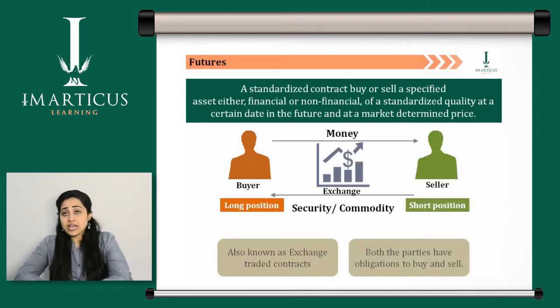Here both the parties have obligations to buy and sell as per the agreement. Depending on the type of underlying assets, there are different types of futures contracts available for trading. They are stock futures, index futures, commodity futures, and currency futures.